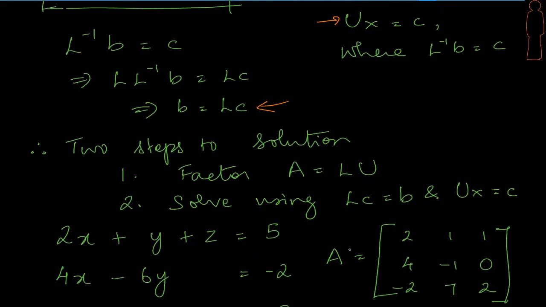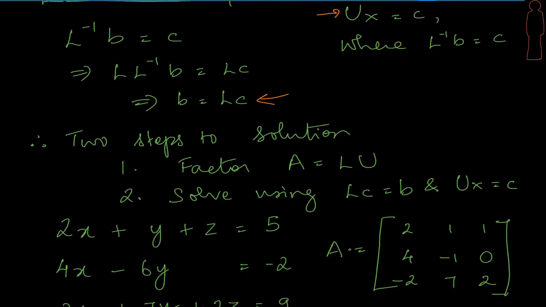So here is the idea. We are going to approach the solution in two steps. The moment we are given the linear system of equations, we bring up the coefficient matrix and factor it into L and U. We know the method. Then, as we have discussed here, we are first going to solve LC equal to B and UX equal to C. From LC equal to B, we are going to find C, and we will use the C here and find the X. Simple.